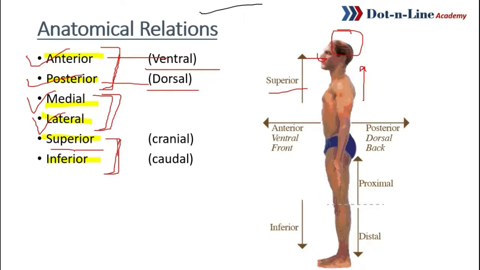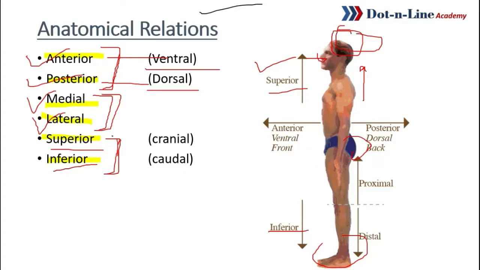Anything at an upper position is superior. Anything that is at a lower position will be inferior. Anything near the head is superior. Anything near the foot or near the tail will be inferior.